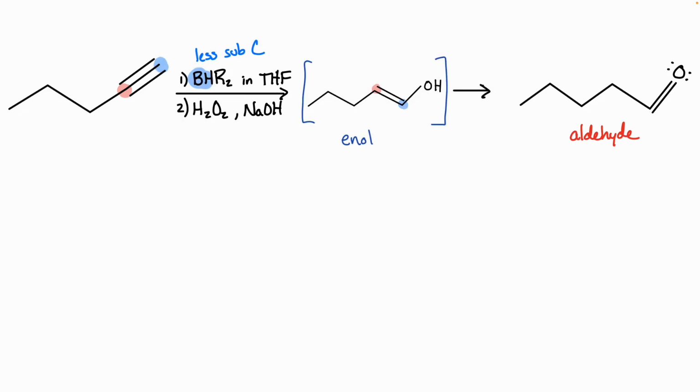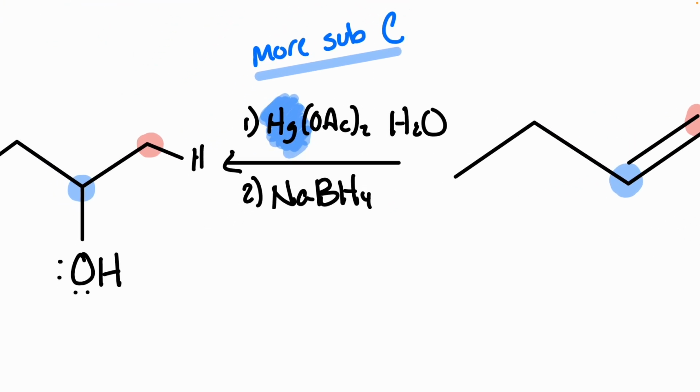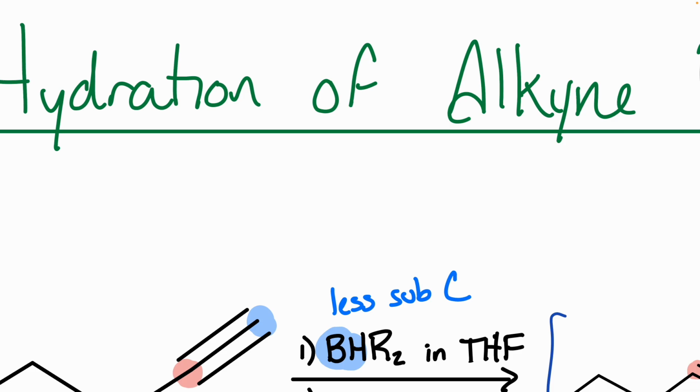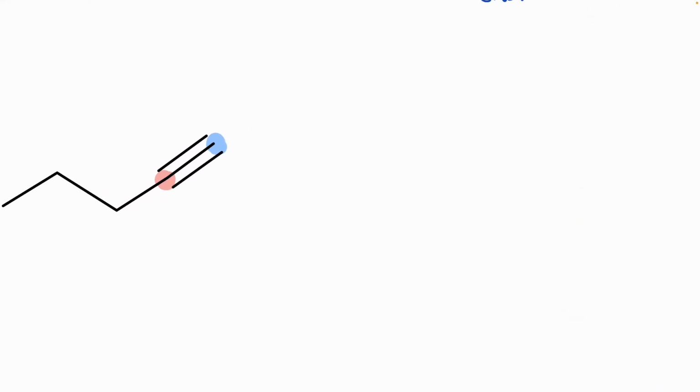Let's take this same one. We're going to have another reagent. We talked about how mercury was the signal that it pointed to the more substituted carbon. We have a little bit different looking reagent, but it still contains that same metal.